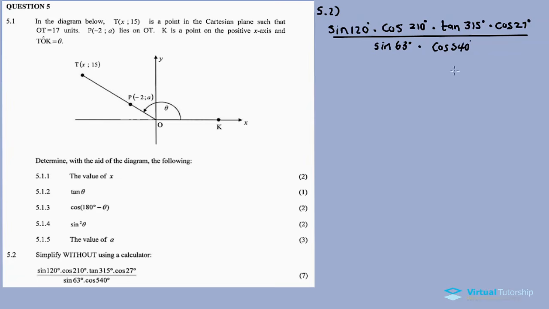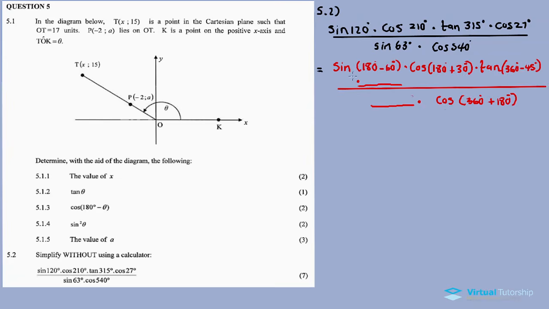Now look. This 120 we find in the second quadrant, it is 180 minus 60 degrees, which gives 120, and then 180 plus 30 gives 210, which is in the third quadrant, and then 315 we find in the fourth quadrant, so it's 360 minus 45 degrees.